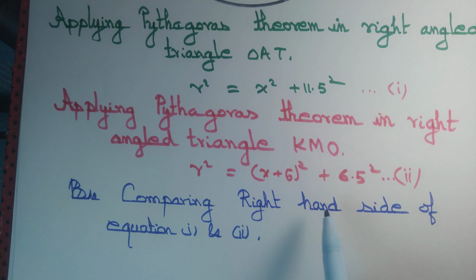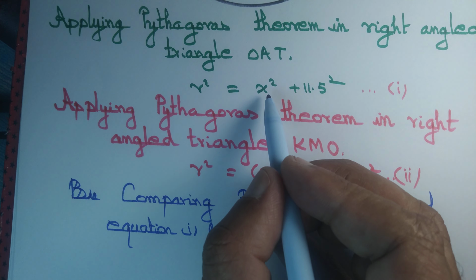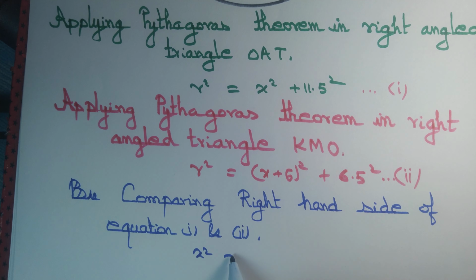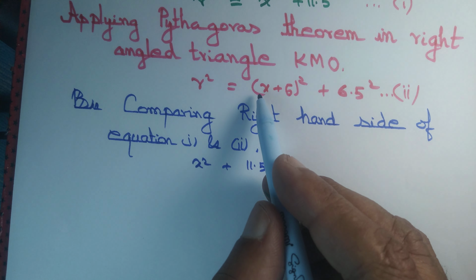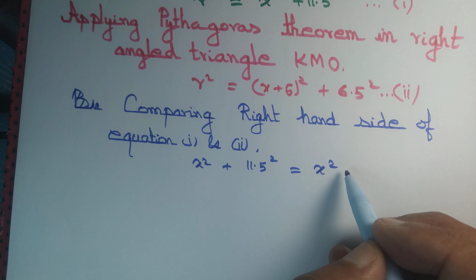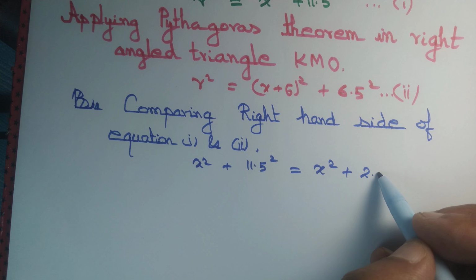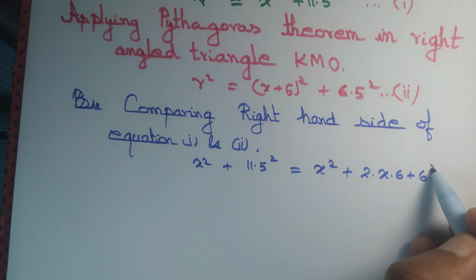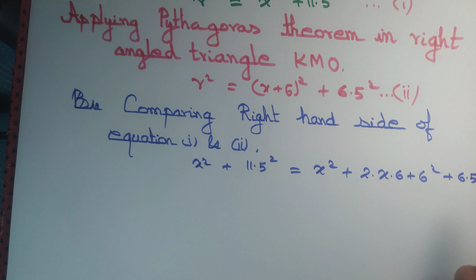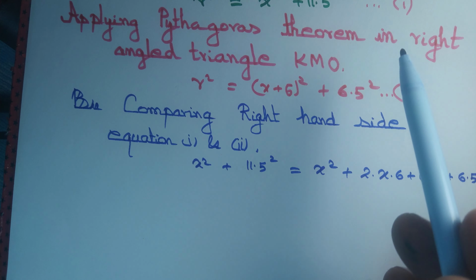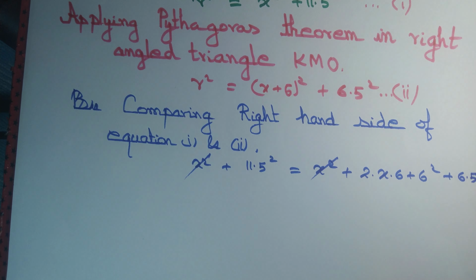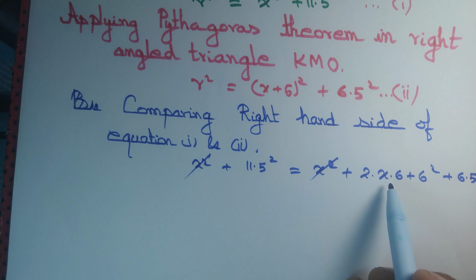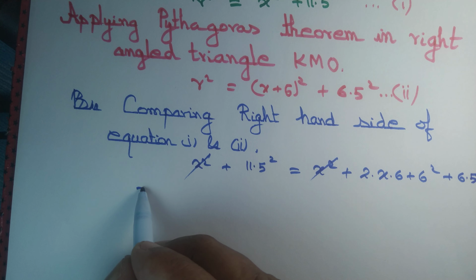So first one we got x square plus 11.5 square equal to x plus 6 square, that we can expand, we can apply the formula a plus b whole square equals a square plus 2ab plus b square: x square plus 2 into x into 6 plus 6 square, plus 6.5 square. We copy the rest as it is. So we cut out x square, they are the same, and take the numbers to the left hand side, variables to the right hand side.